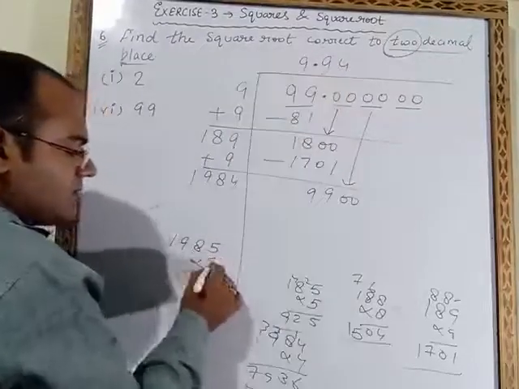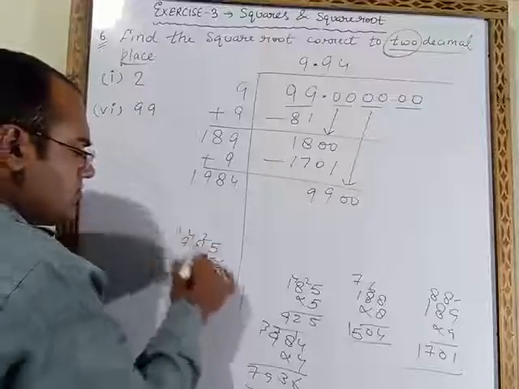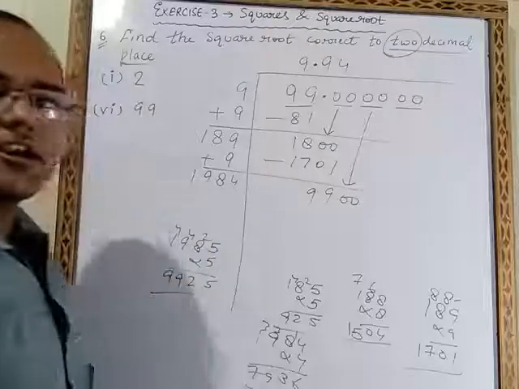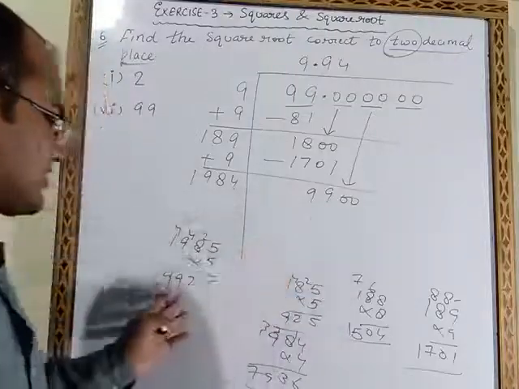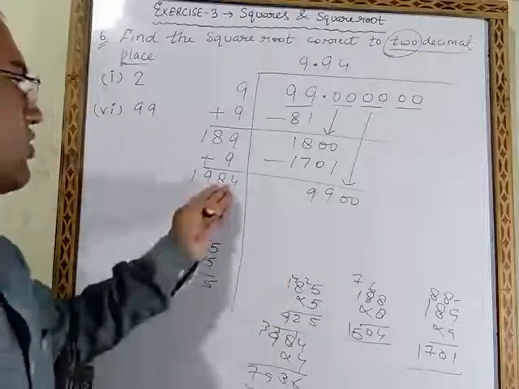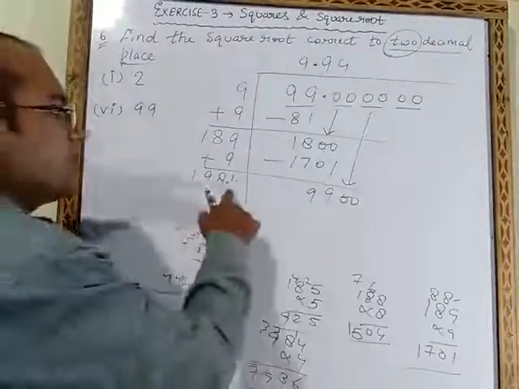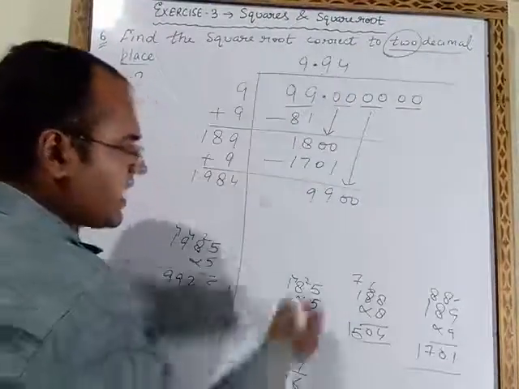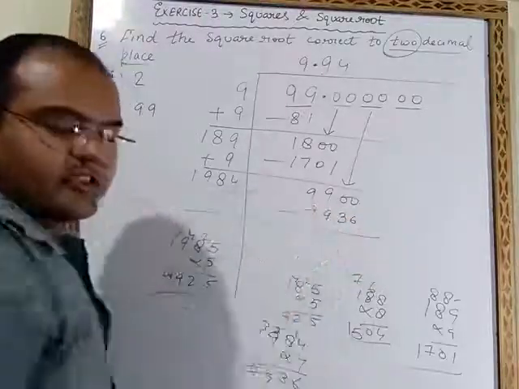So this will become 9925. Here it is 9900, but our answer is coming 9925. So we will not take 5, we will take 4 only. So 1984 times 4 is 7936.